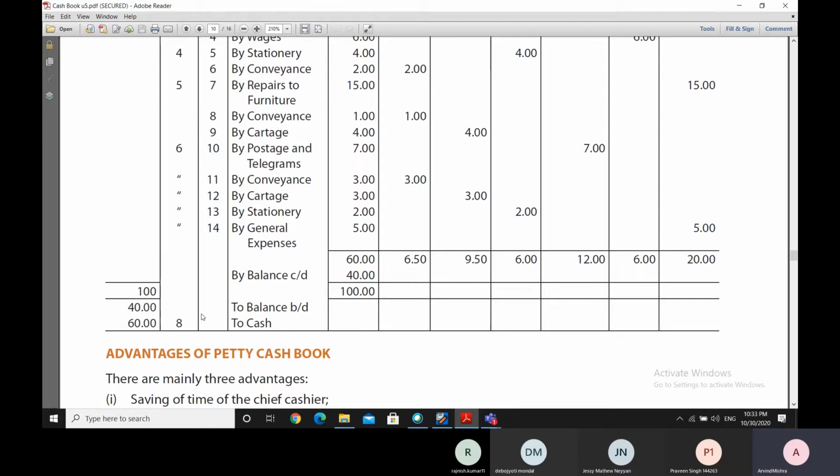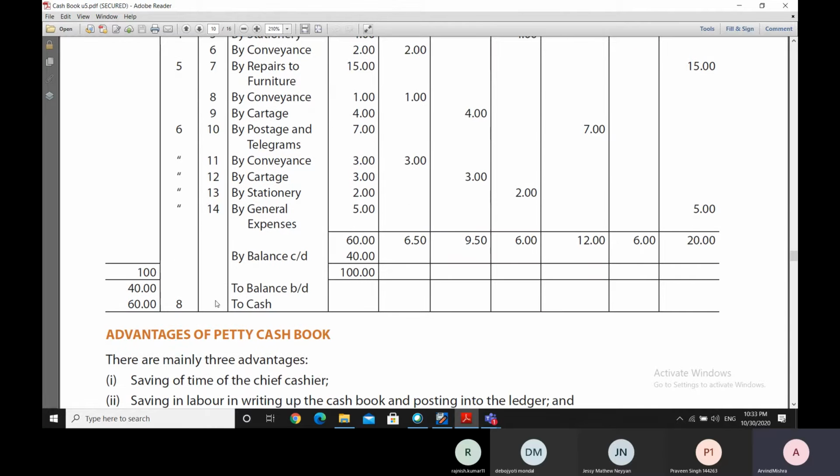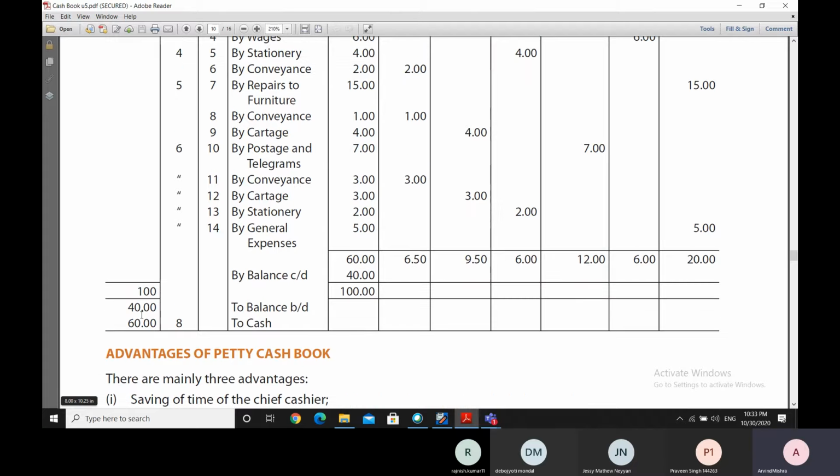It is mentioned here as a balance brought down. And then to complete 100 rupees, we pay 60 more rupees to the petty cashier. And therefore, this is a receipt of 60 rupees made to the petty cashier.